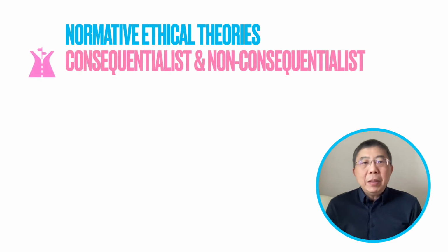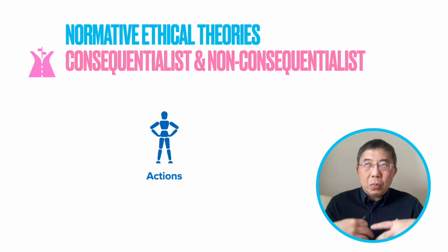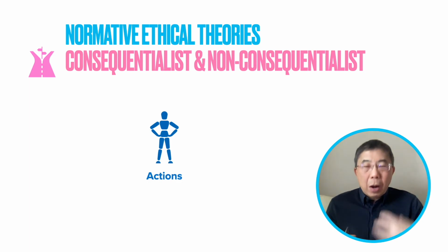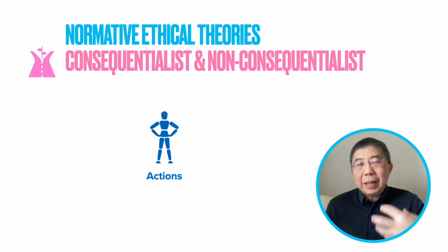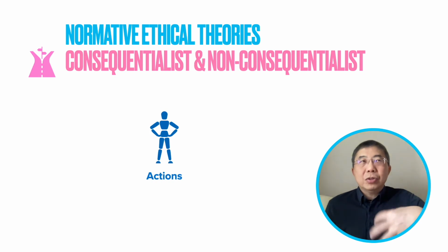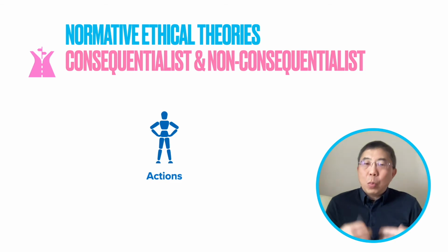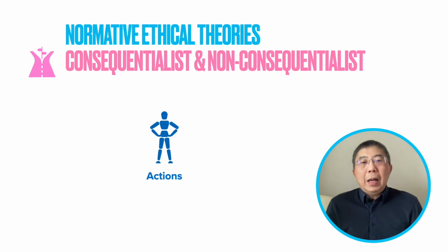Now, if we examine normative ethical theories, they can be divided into two camps. Whatever the camp is, these normative ethical theories tell us how we should behave, what our actions should be, what actions are good, and what actions are bad.